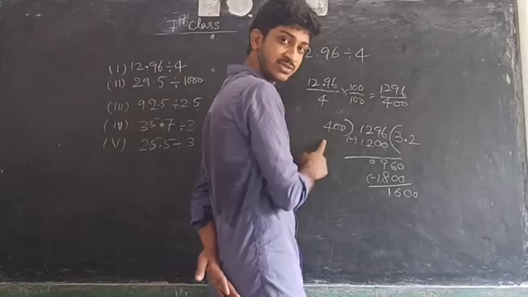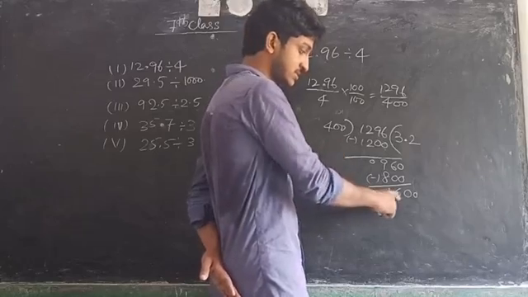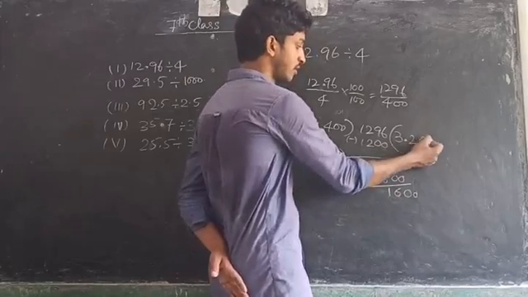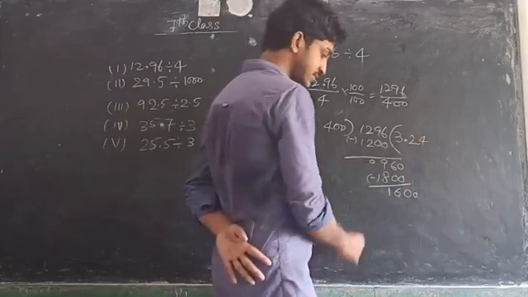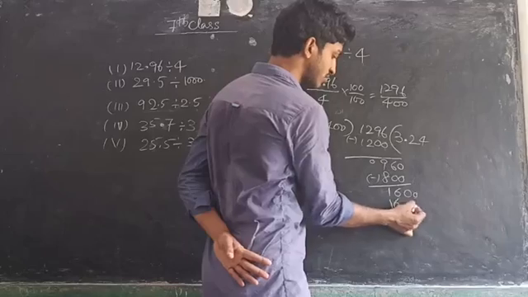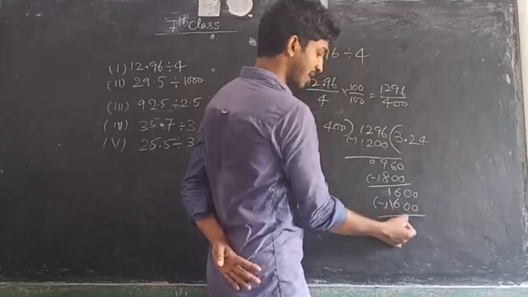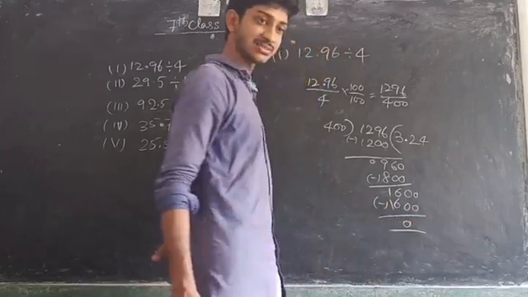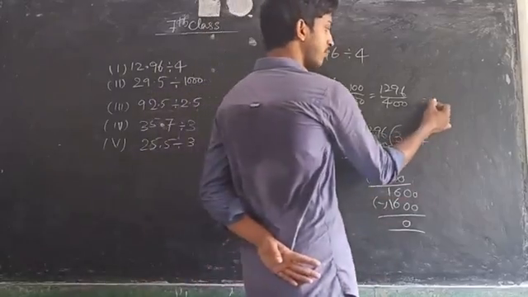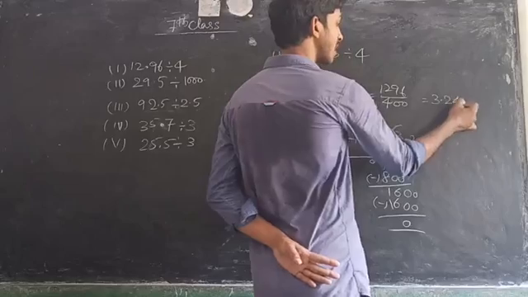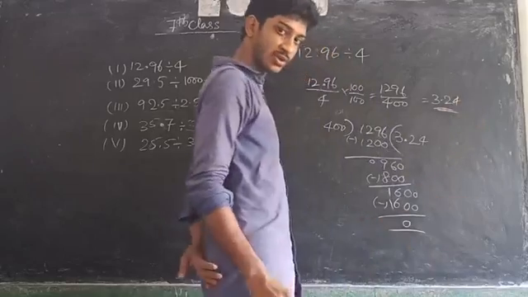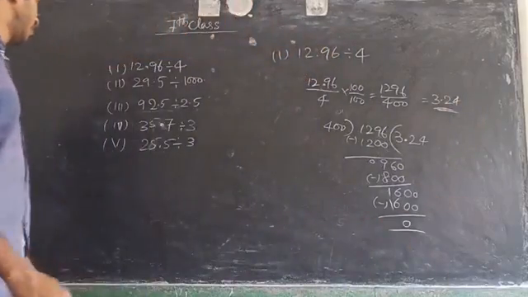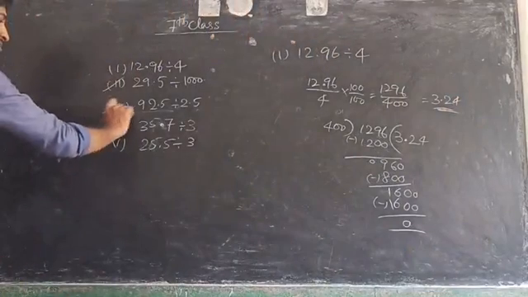Now how many times? In 1600, 400, 4 times. 4 fours are 16. So 400 into 4 is equal to 1600. Subtract this and the remainder is 0. So what is the answer here? 3.24 is the answer.